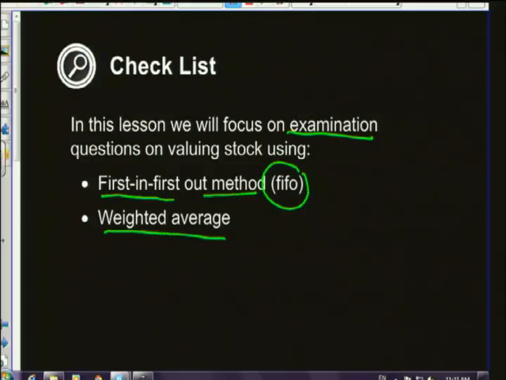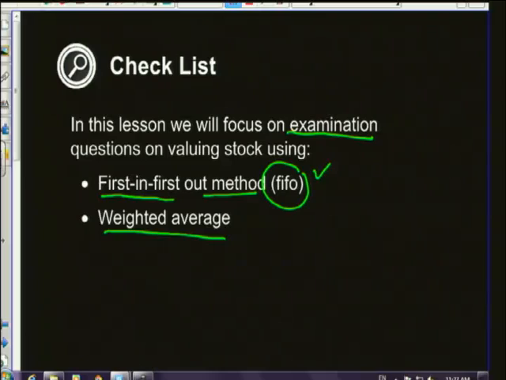Now remember guys, when a business values their closing stock at year end, there are three methods that they can choose from in terms of the type of stock they sell. The first is your first in, first out method. The second, weighted average.